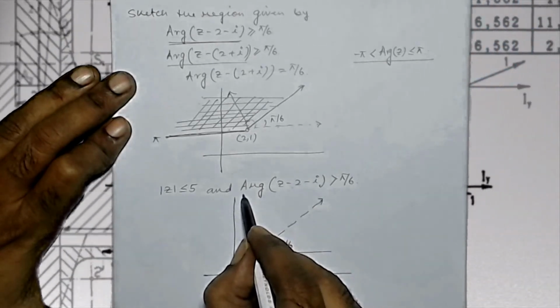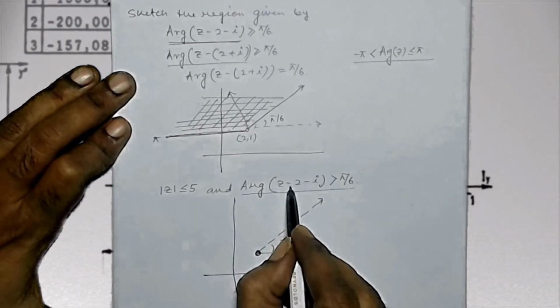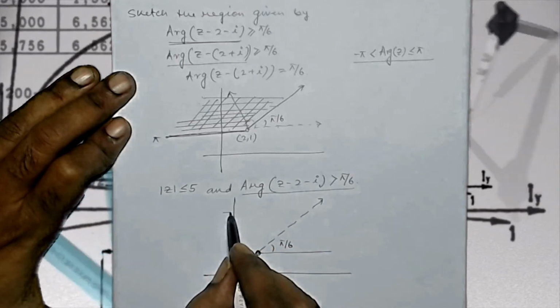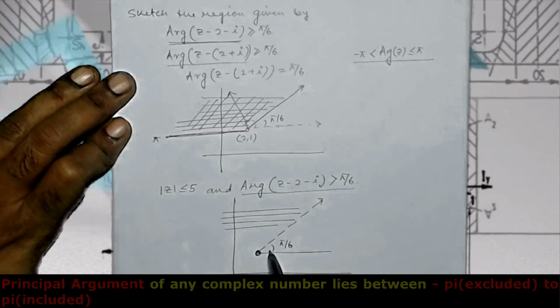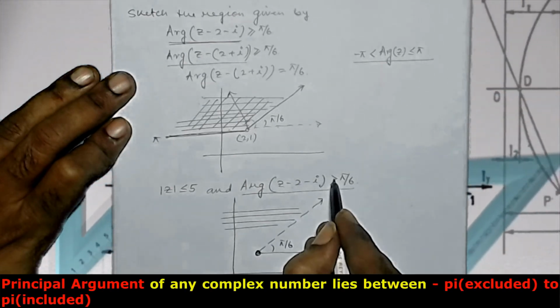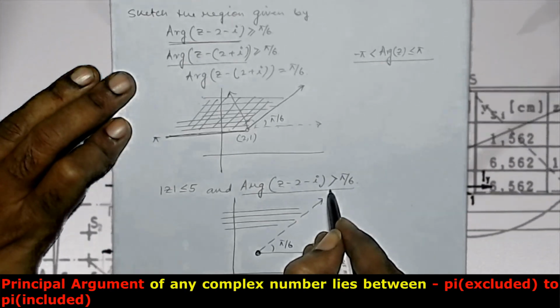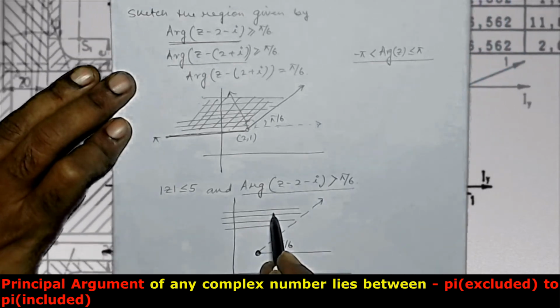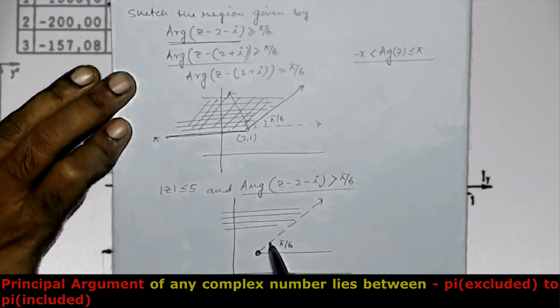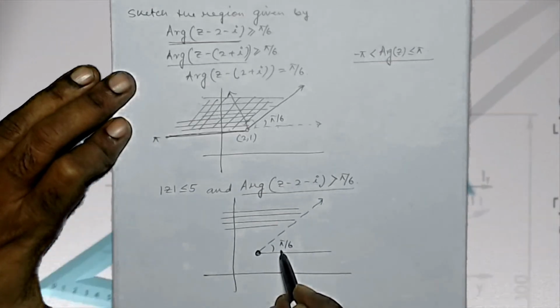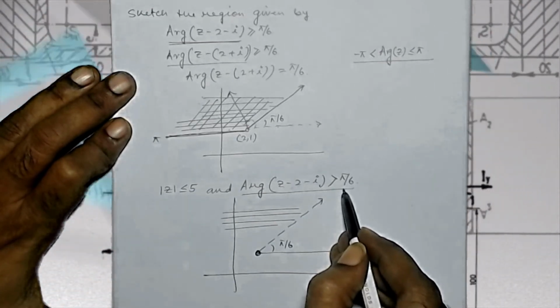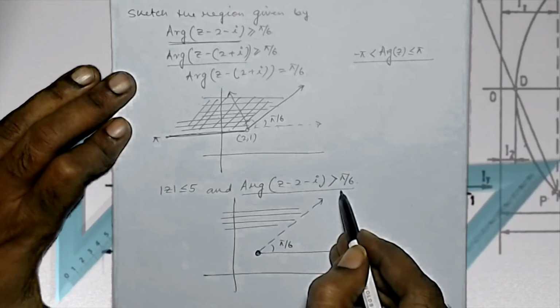Now you see, for the second equation, your z will lie anywhere in this region, but excluding the points on this ray, because there is greater than, no equal sign. That is, z cannot take any point on this line, because for any point on this line, the argument will be equals to pi by 6. But in the question it is given, the argument is more than pi by 6.